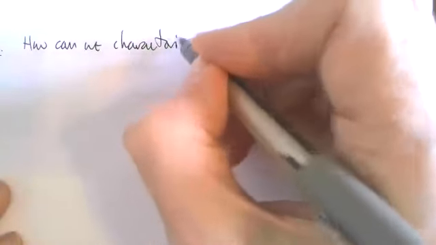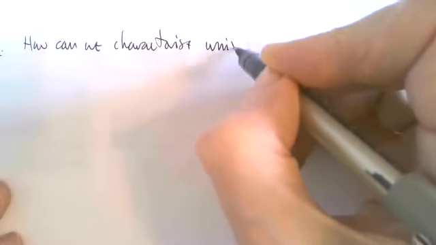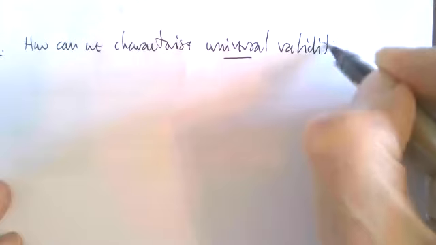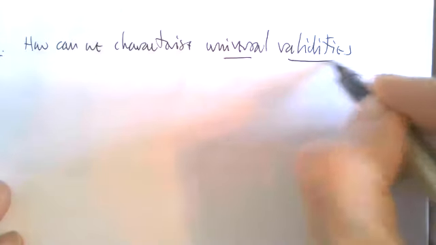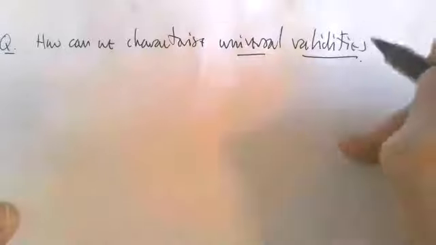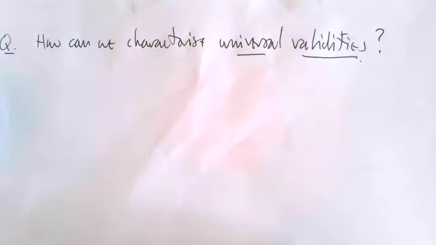I mean, it's useful to know if something is a universal validity, because if you give me something and say it's a universal validity, I know it's going to be true everywhere.